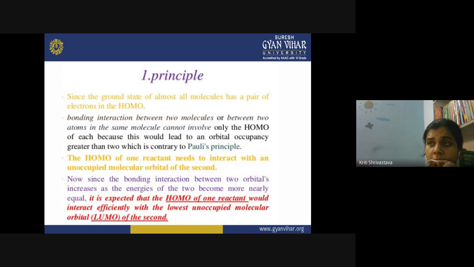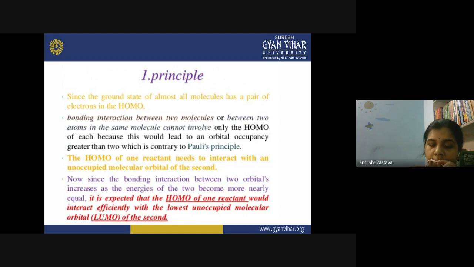Any orbital, whether atomic or molecular, cannot have more than 2 electrons. No orbital can hold 3 electrons, no orbital can hold 4 electrons. The maximum should be 2. So if the HOMO of one molecule, which already has electrons, overlaps with another molecule's HOMO, then Pauli's principle will be violated and the orbital occupancy will be greater than 2.